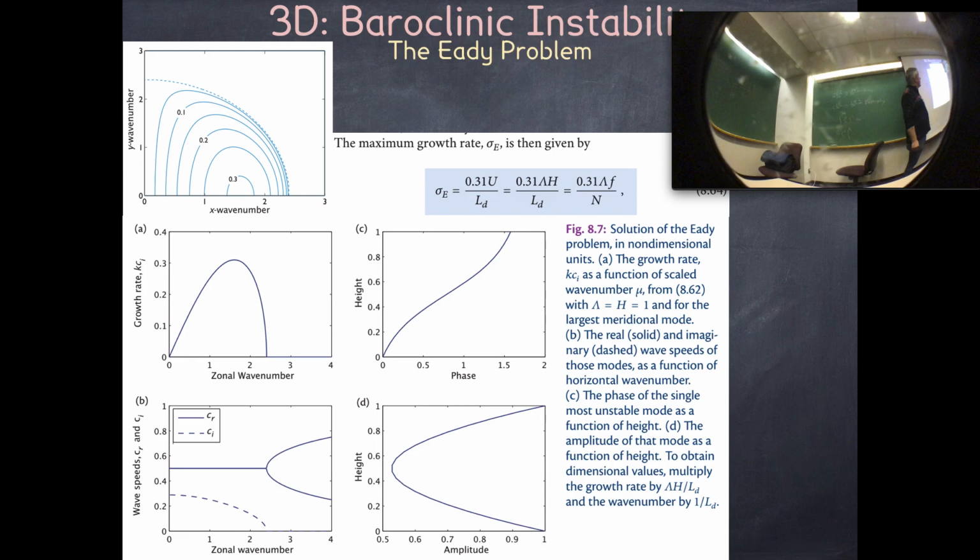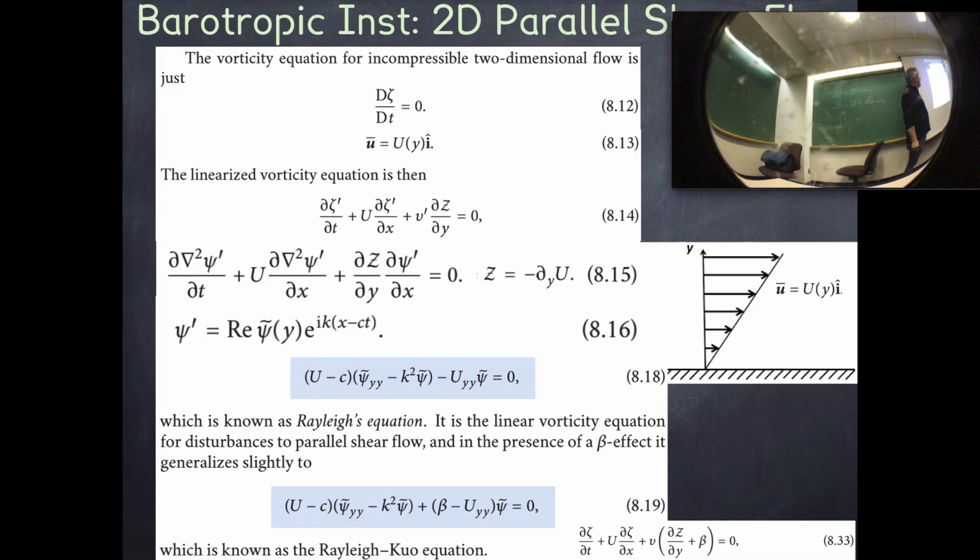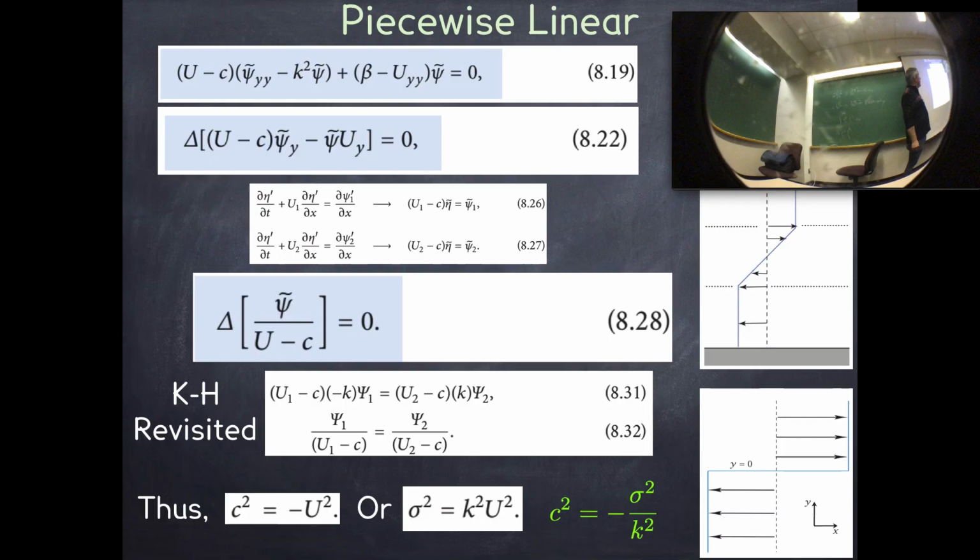We find that the growth rate is maximal at 0.31 times the shear divided by the deformation radius. So how is that different? That's the maximum growth rate. And the x wave number, so your k, remember, if we go back to Kelvin-Helmholtz, the growth rate just got bigger the bigger the k was.